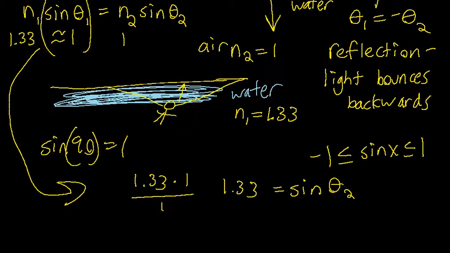The angle is imaginary, meaning it doesn't exist in the real world. So we can never actually solve this equation when theta 1 is too large. When the sine on this side of the equation gets too big, you can't solve it. So what does that mean?